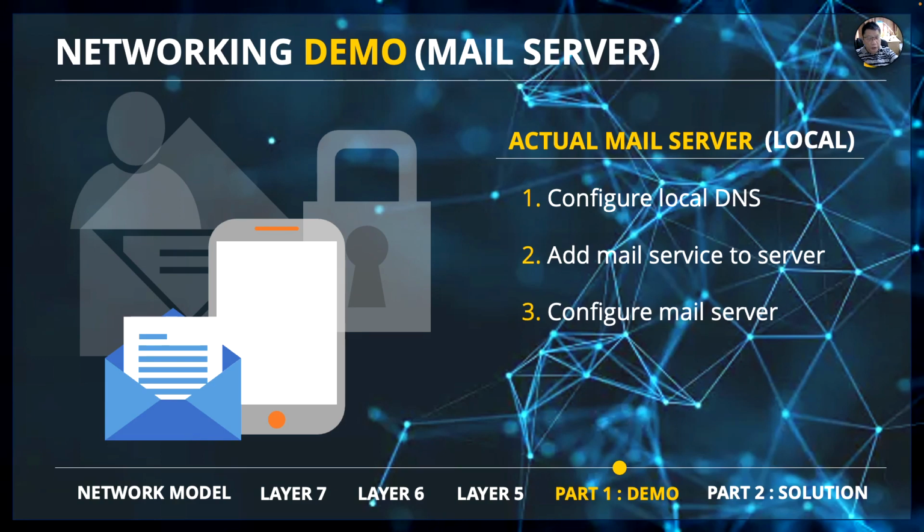Next, we're going to set up our mail server application. Then we are going to configure the mail server, much the same as we did in Packet Tracer. Finally, we are going to test our email service.